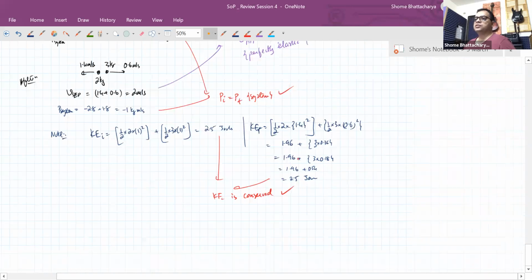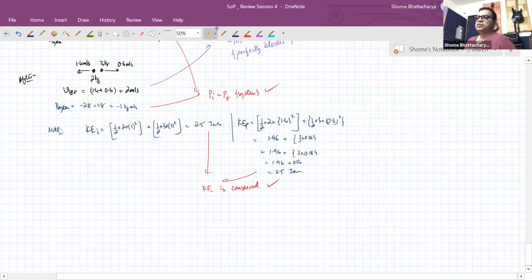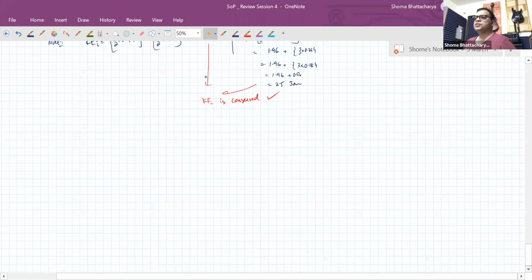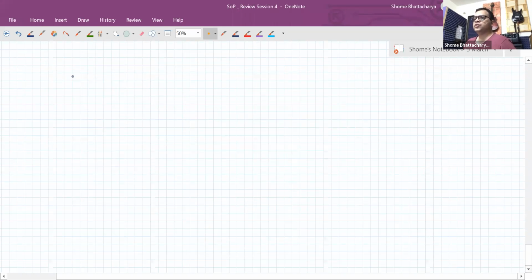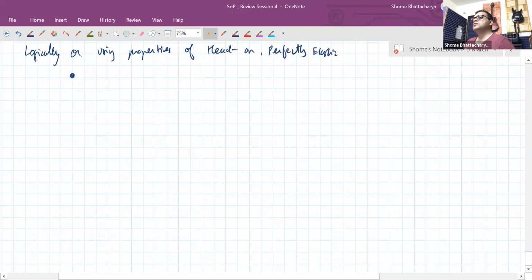And see this way. Now there's another way in which we can do this question more conveniently. Sometimes using the formula is not after all the shortest way of doing the question. Let's see how. So you can also do this logically or using properties of the head-on perfectly elastic collision.